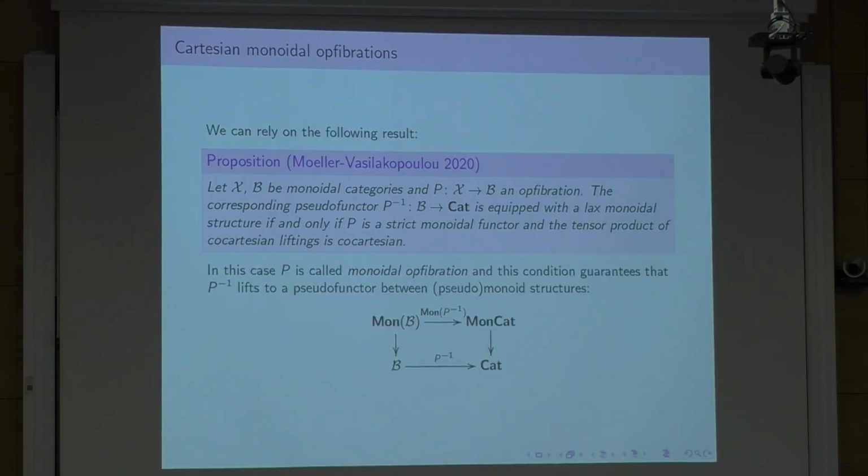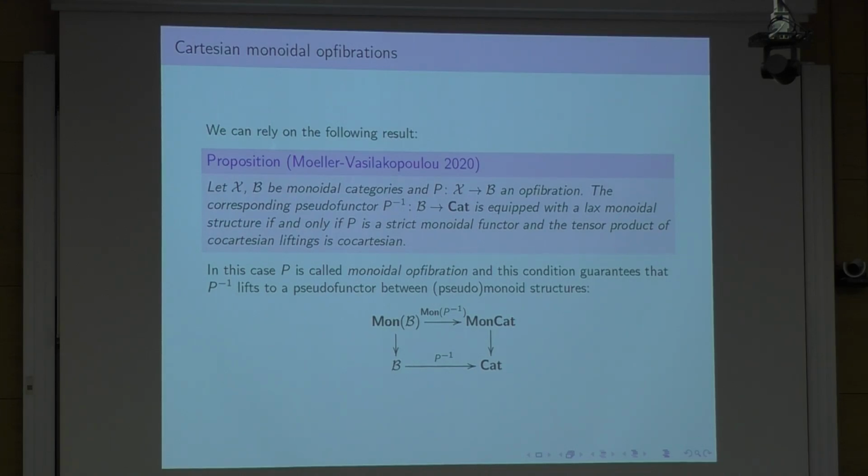And this is the general result. This is the reason why we are interested in such a special pseudo-functor, because the corresponding pseudo-functor, which is called lax monoidal, leads to a pseudo-functor between the pseudo-monoid structures.